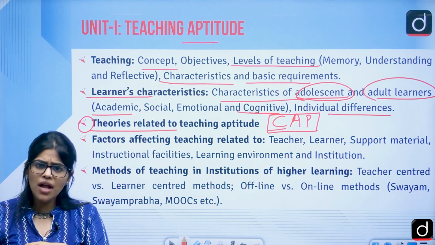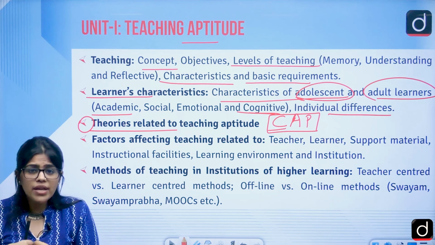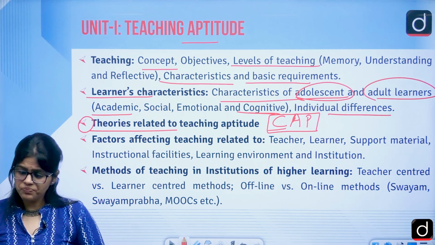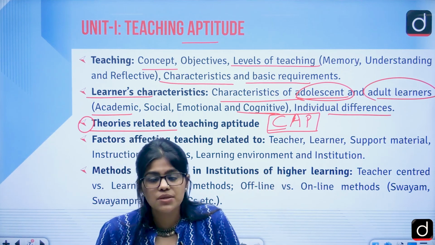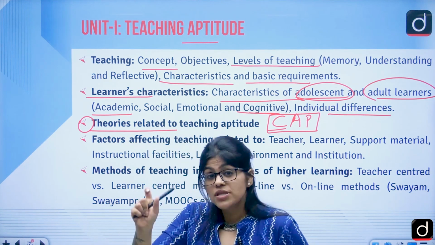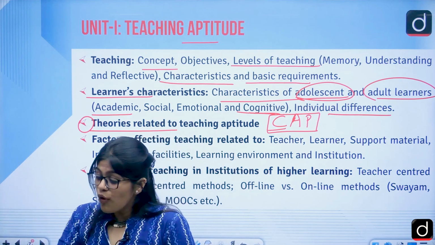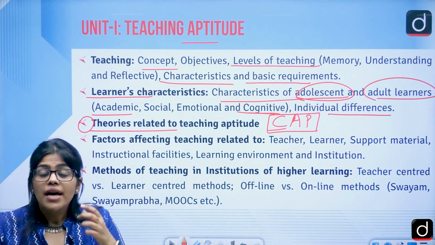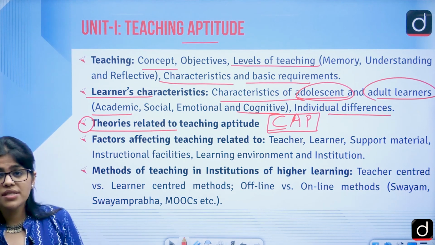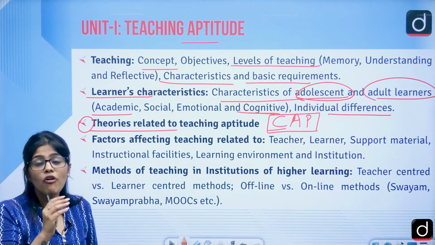According to him, none of us can know everything in one go. With each stage, we will be learning things properly. At each stage, something new would happen. We'll also learn about Erikson, a very important theorist. He's so famous, and he has given the theory of crisis.